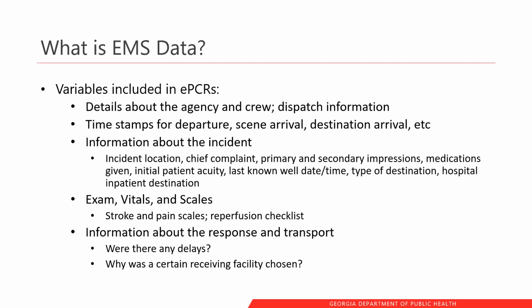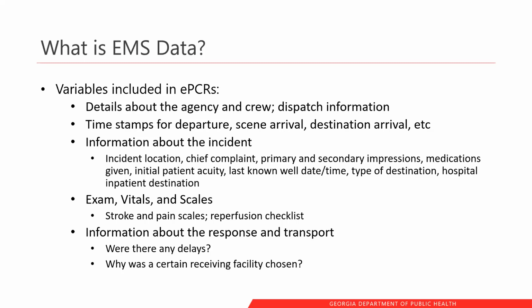So were there any delays? We could have dispatch delays. You could also have response delays. So, was there a lot of traffic? If you're going by air, was weather a problem? Was distance a problem? That's a big problem for a lot of ambulances in our rural areas. Also, why was a certain receiving facility chosen?